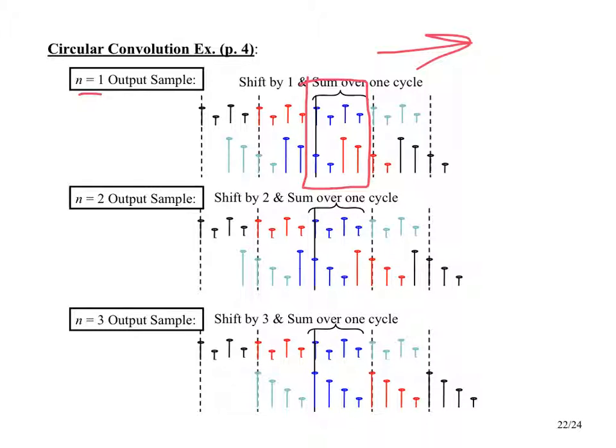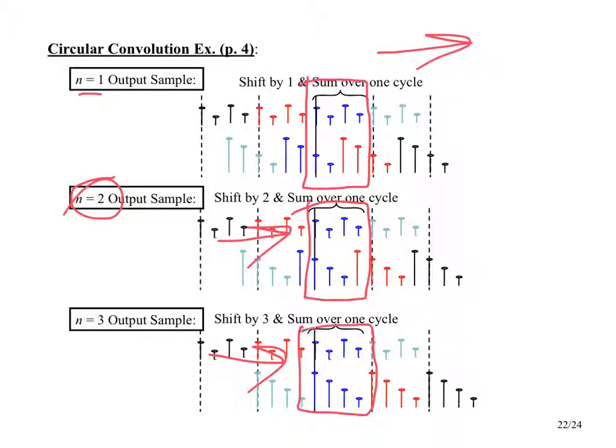Now I shift 1 more to the right, so you can see that I've shifted the bottom one to the right, and I sum up the product over one cycle, and I get a number, and that's my output sample at n equal to 2. I do one final shift for n equal to 3. That's a total of 3 shifts from the original flip. I sum over one cycle, and I get a number, and that's my output sample at n equal to 3.